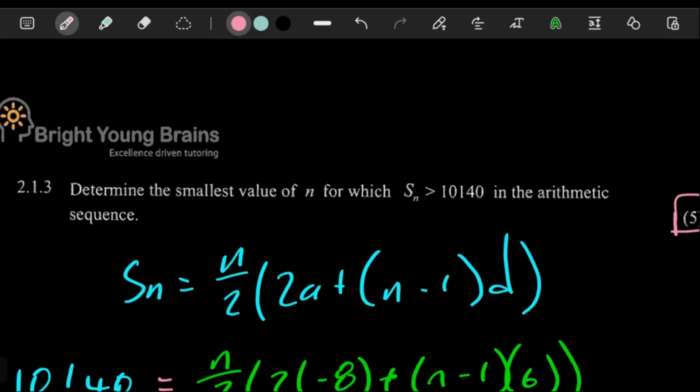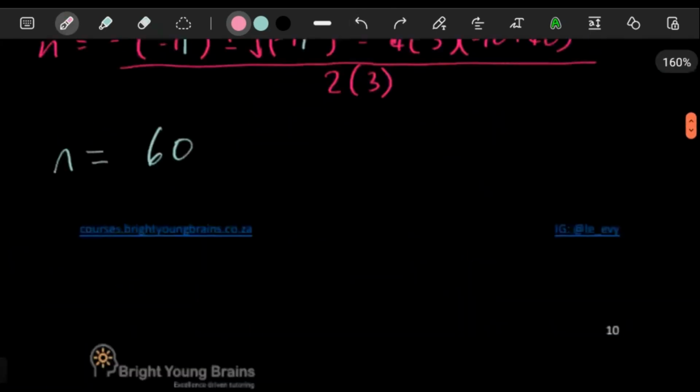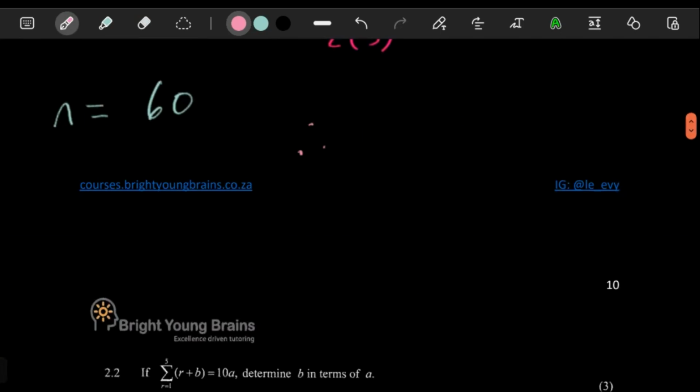So 61 terms is what you need to add up to get something bigger than this. The smallest value of n where the sum is bigger than this is going to be 61, because if you add up 61 terms, that's the only time the sum will be more than 10,140.